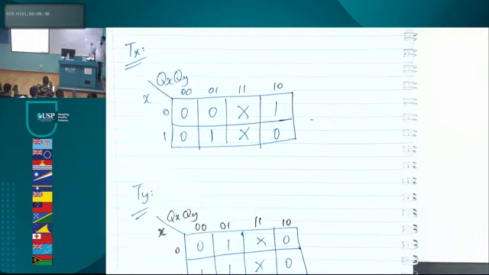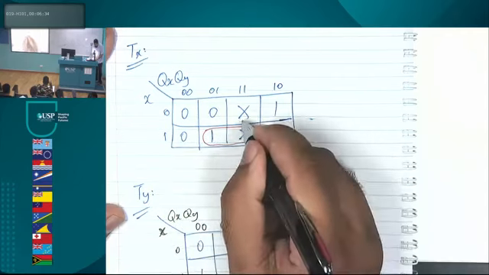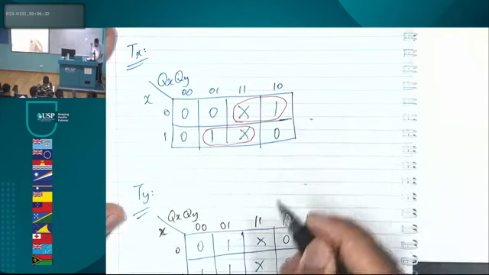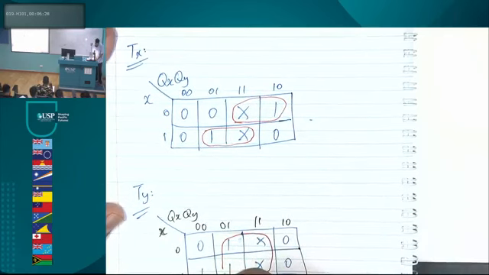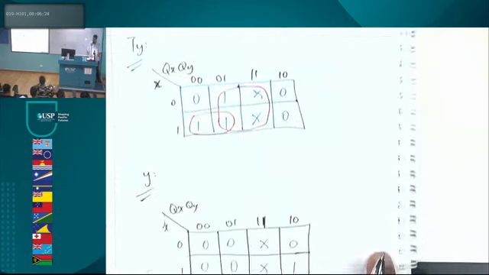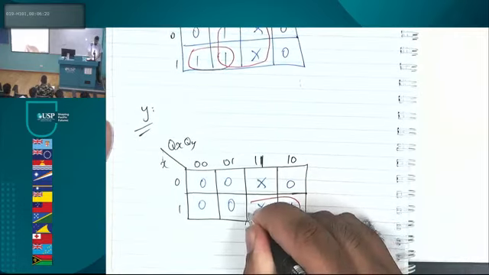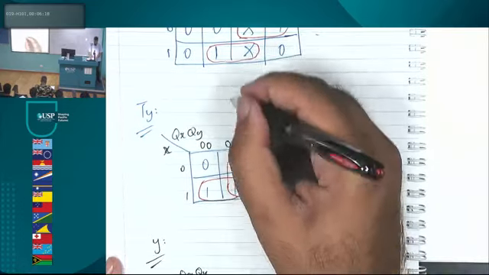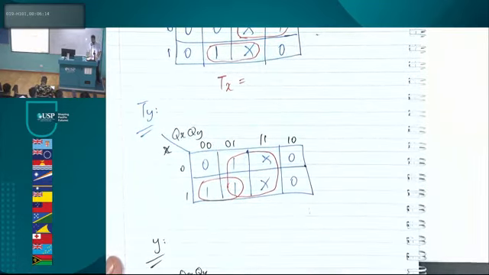Okay, now, how are we going to do this? You can plot these two together. This one can make a big loop over here, can make a small loop over there. This one here can make this. So we can say Tx is equal to, what can you tell me, guys?